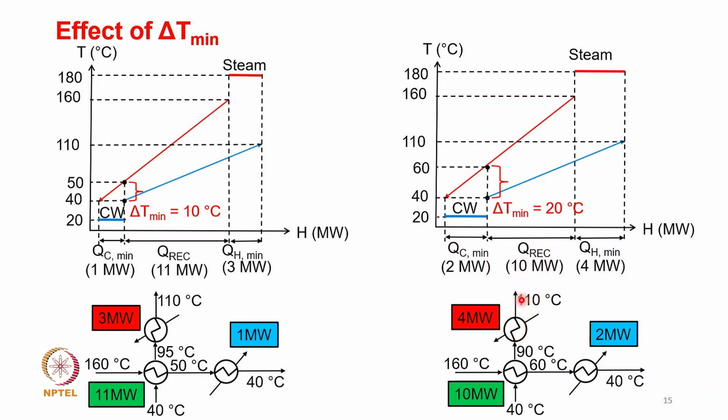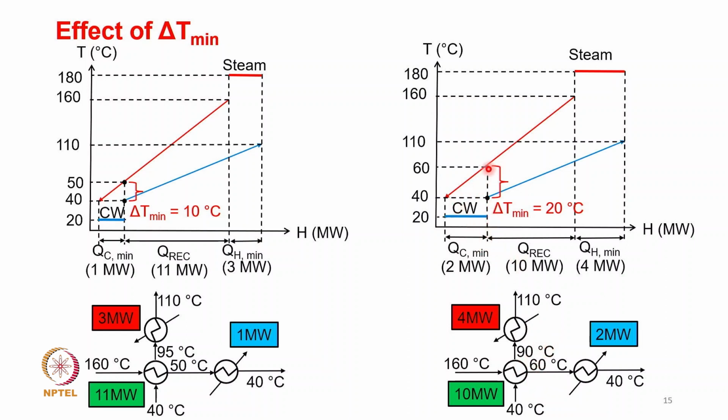So you can see that in this case, let's look at the outlet of the heat exchanger over here. The outlet would be somewhere at 90 degree, and to make it 110, you need to do an additional operation, and similarly from 60 to 40.